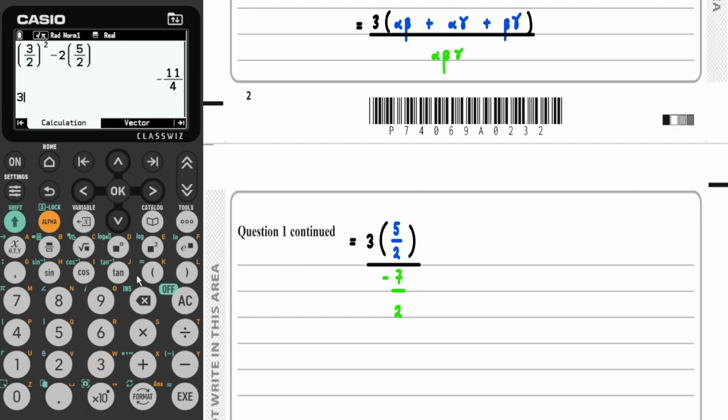We have 3 multiplied by 5 over 2 divided by negative 7 over 2. It turns out we get negative 15 over 7.